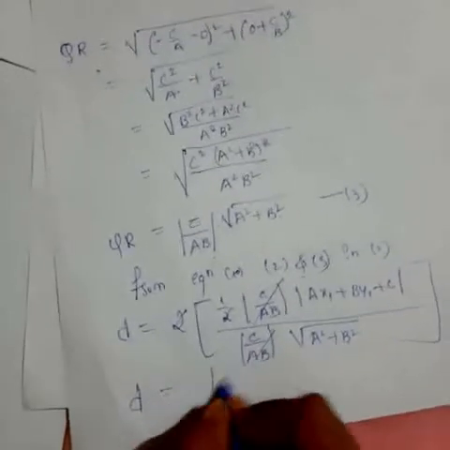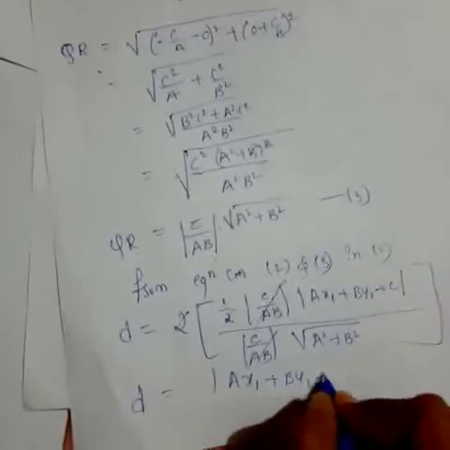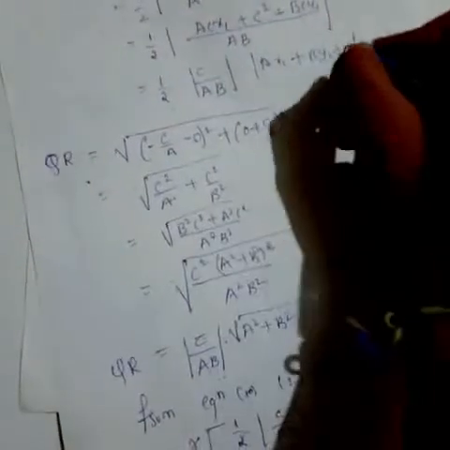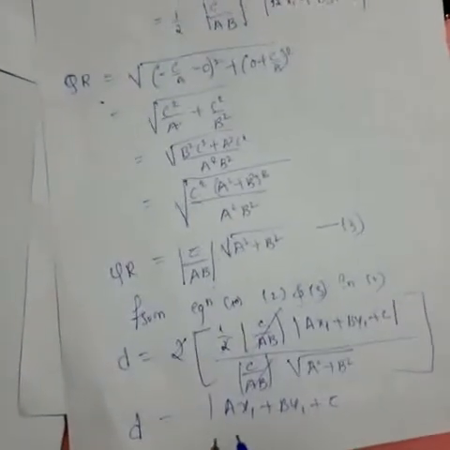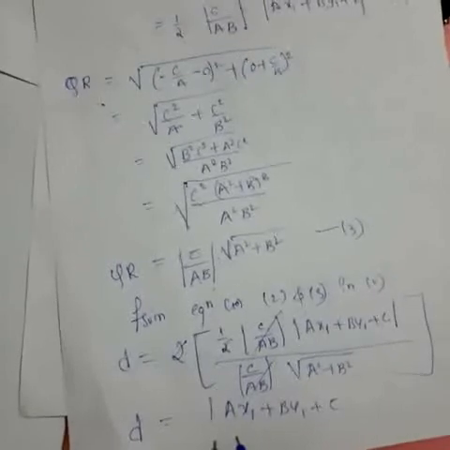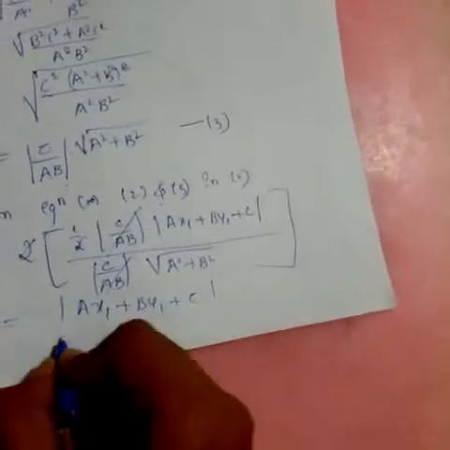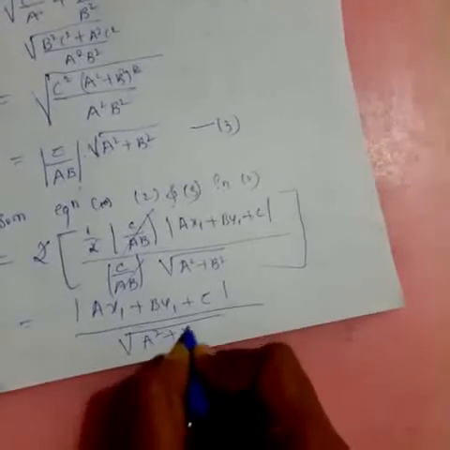What remains here? Modulus of (a x1 plus b y1 plus c) whole divided by square root of a square plus b square.